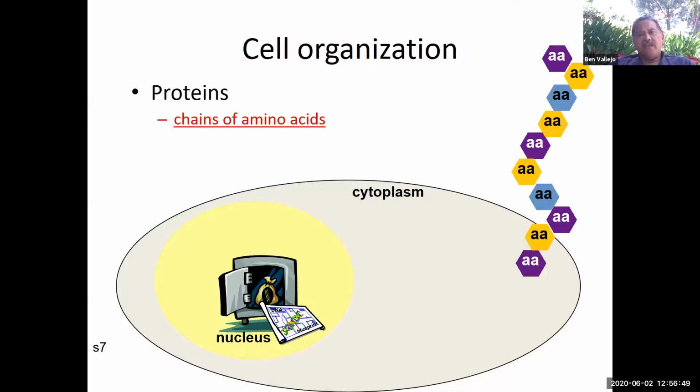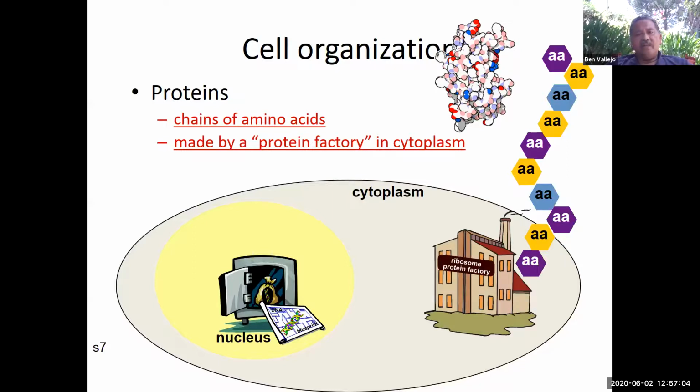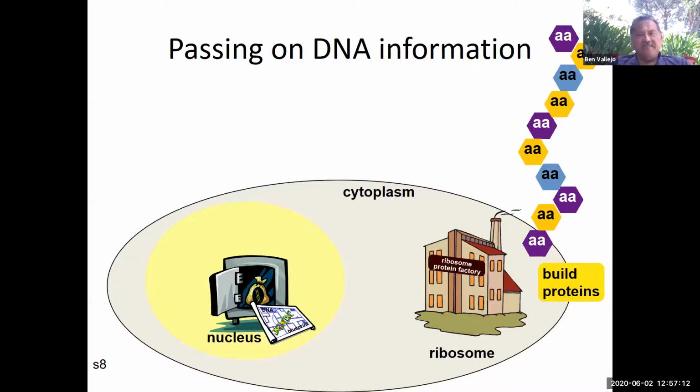Now these proteins are chains of amino acids, so what we have to do is take a look at the transcript and translate it and see what the sequence of amino acids is. These proteins are made by a protein factory, a ribosome, in the cytoplasm.